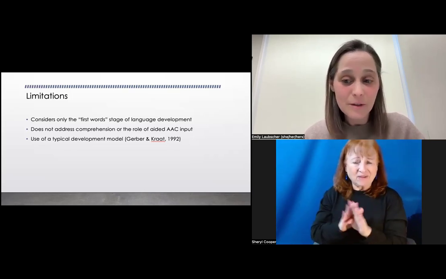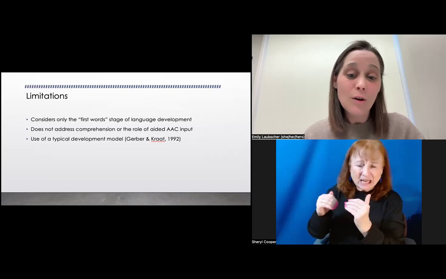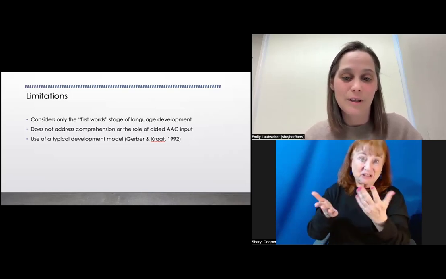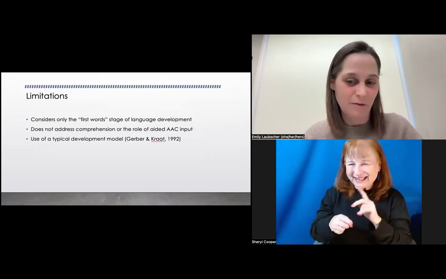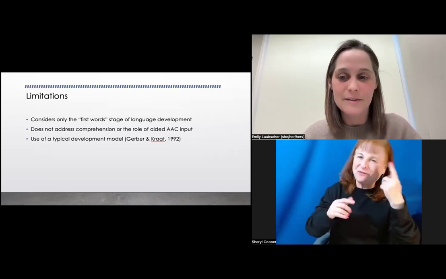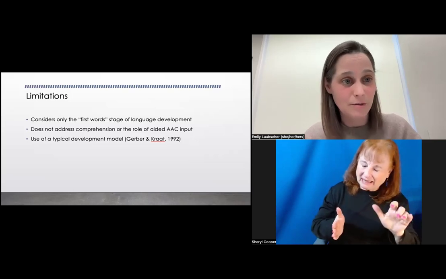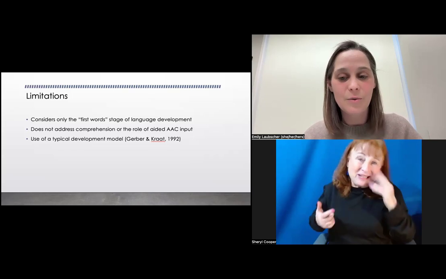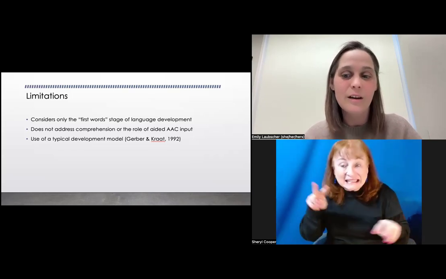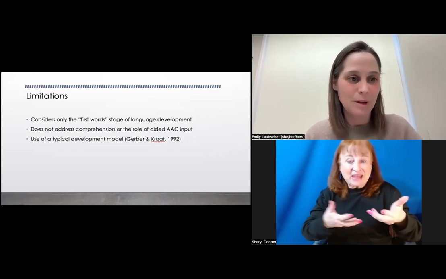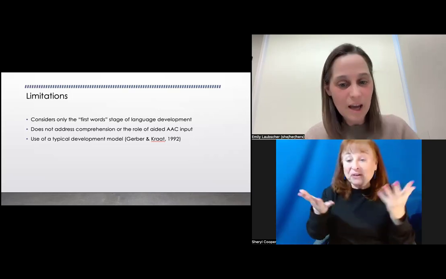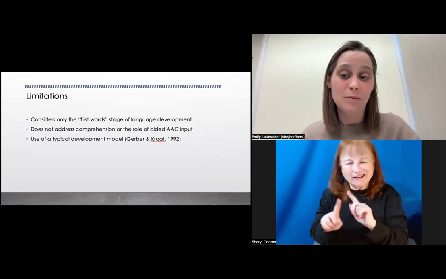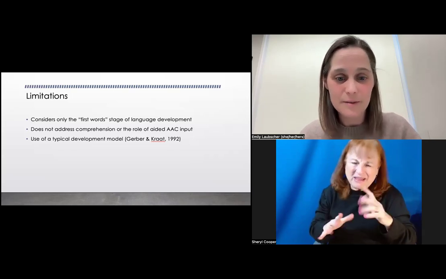But despite those limitations, we also do not have any evidence in the literature to suggest that early vocabulary is somehow fundamentally different for children who require AAC. The specific words that the children use might differ because they're having different life experiences. So, what they see and what they hear and how they interact with the world might be different, but the types of words that they tend to use are not, or at least they don't seem to be based on current evidence.